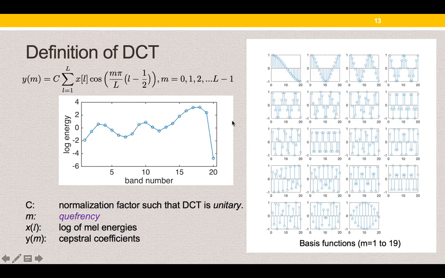So the result for different m now has a visible meaning. M means a spatial frequency. Low M means slower spatial variation, whereas high M means more rapid spatial variation.